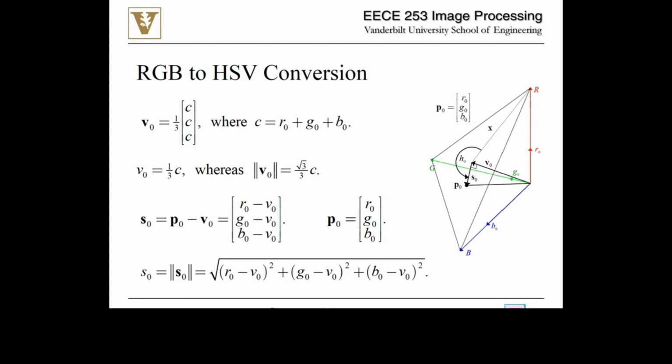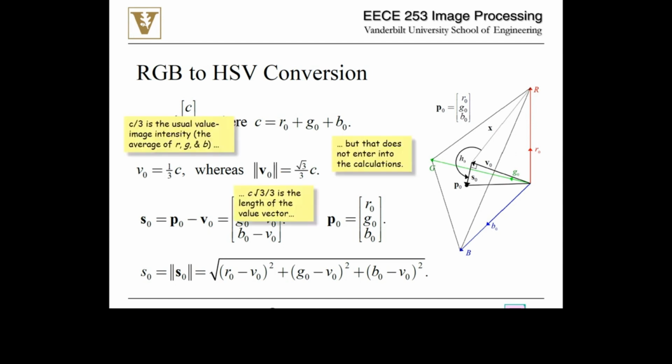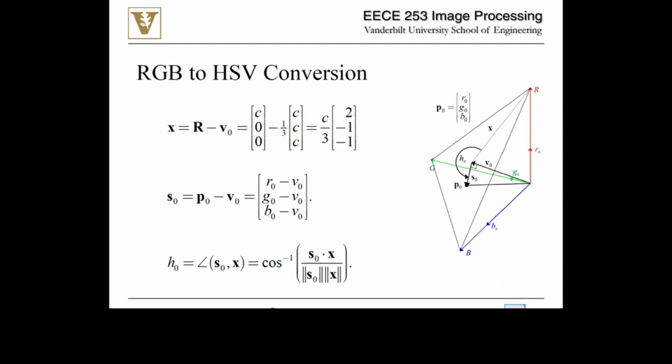Then I have to construct the most red point in my plane. Which is the most red point in my plane? So C we already have, that is R plus G plus B. So the most red point in this plane is this, C00. And this is the gray point. So this vector here is always well defined.